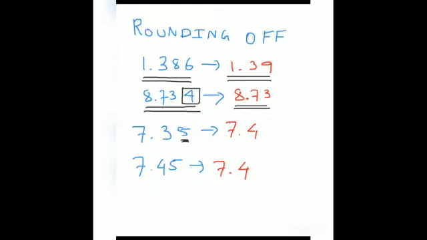For example, if 7.35 is to be rounded off by removing 5, then we have to increase 3 to 4, giving 7.4 as the result. But if the number is 7.45, then remove 5 without altering 4, giving the result as 7.4.